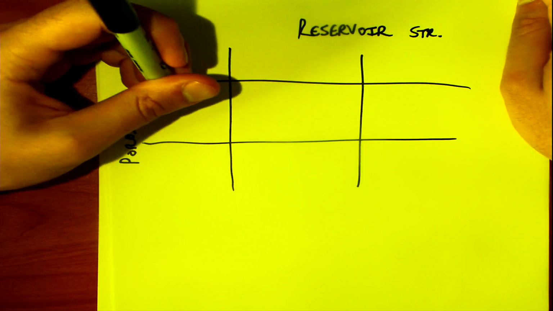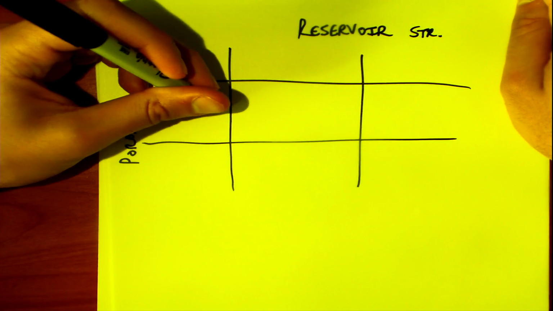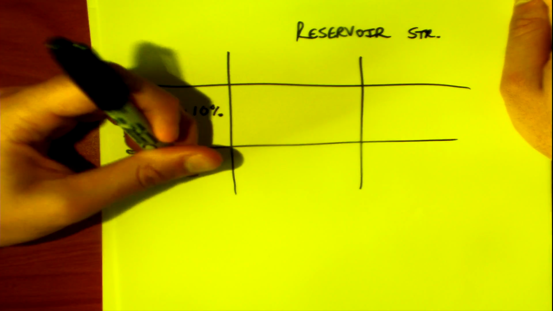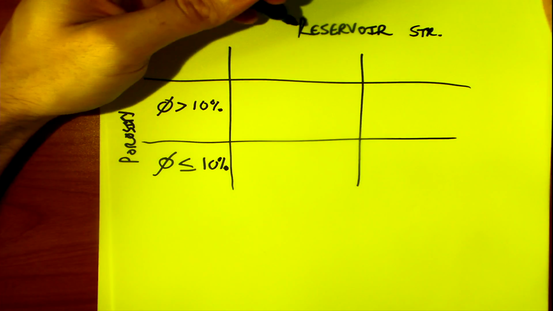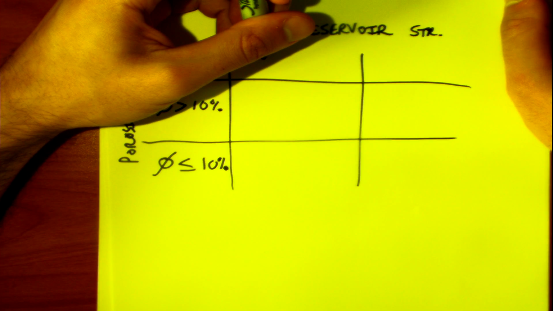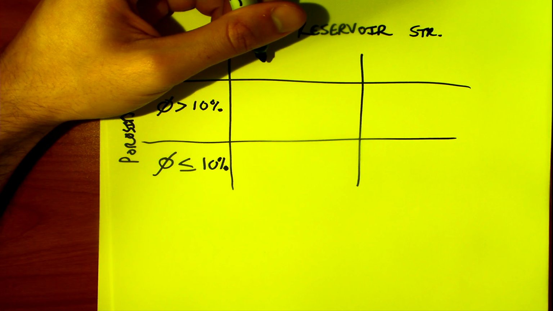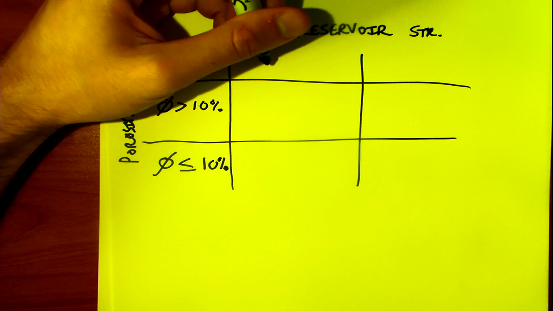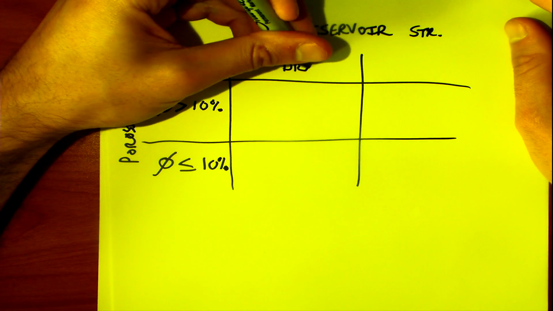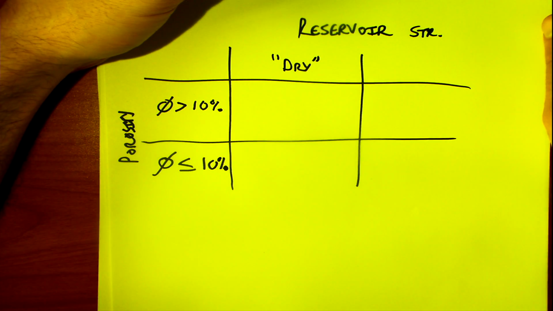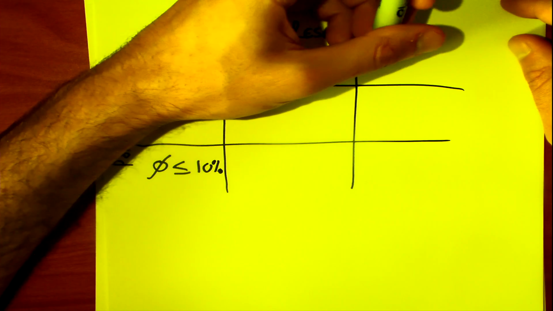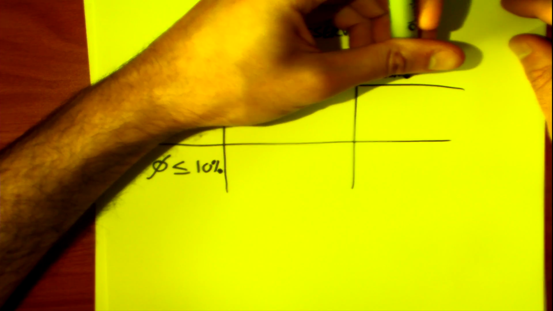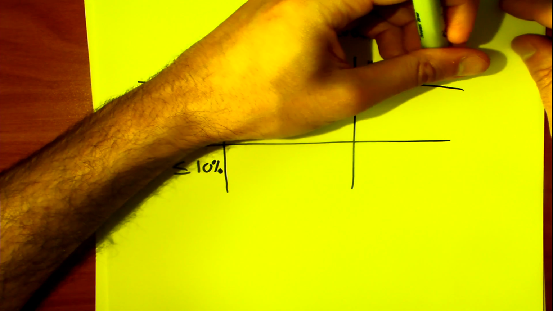So call this porosity greater than 10%, porosity less than or equal to 10%, and to use more straightforward terminology, there are some areas found where the reservoir is more or less dry, not commercializable, and some areas that were found commercializable.